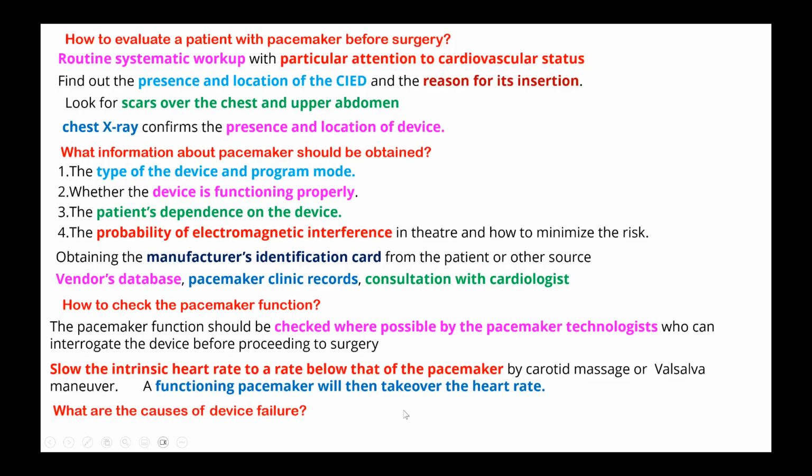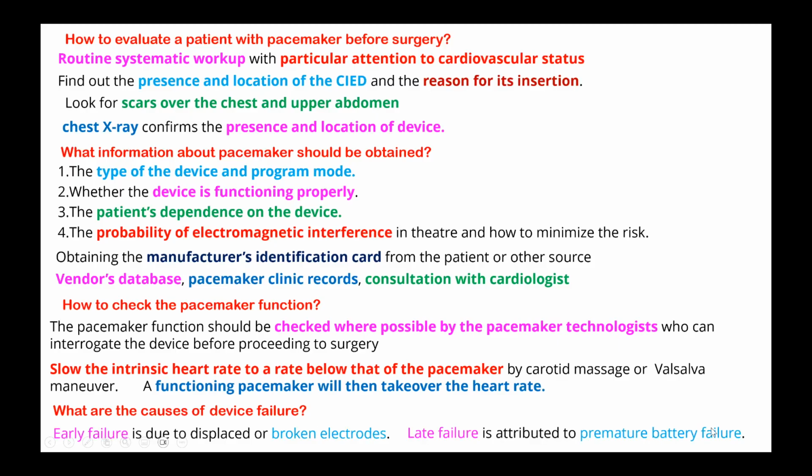What are the causes of device failure? One is early failure and another is late failure. Early failure is usually because of broken electrodes, or leads which are disconnected or broken. Late failure is because of premature battery failure. What is the battery used in that? The AAA, AA, or any specific battery?